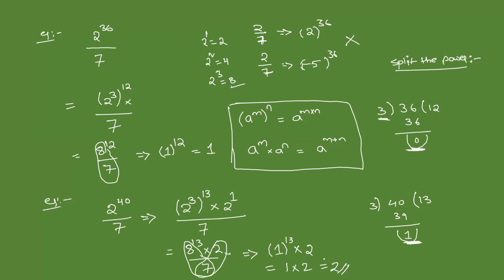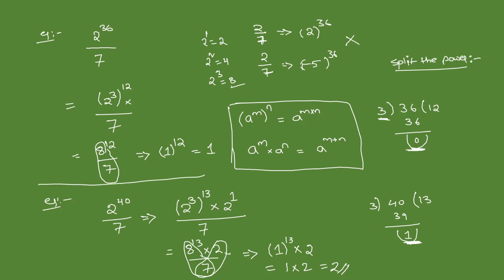This satisfies our given conditions, right? We got a positive remainder and a value less than 7. The important thing to learn here is how to split the powers. A power m whole to the power of n means a power m into n, and a power m into a power n is equal to m plus n. Using these two things, we are splitting the powers. The required one is 2 cube.